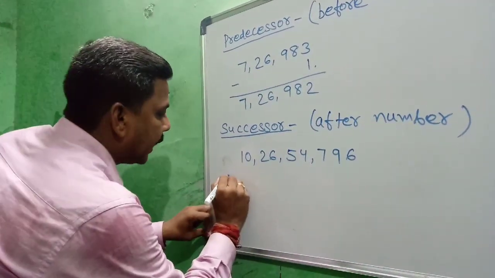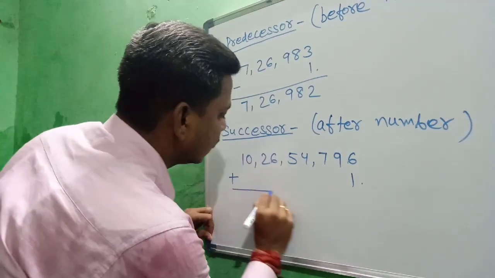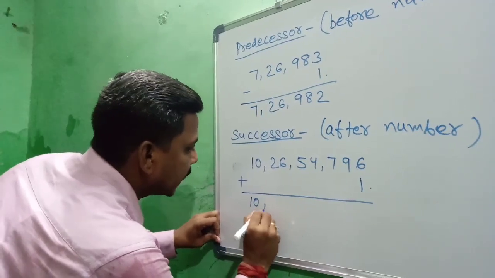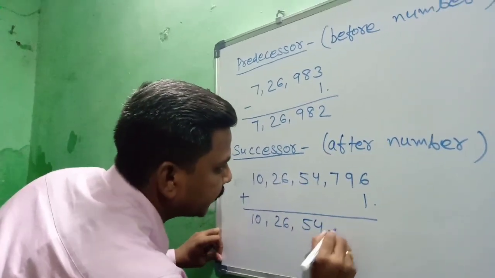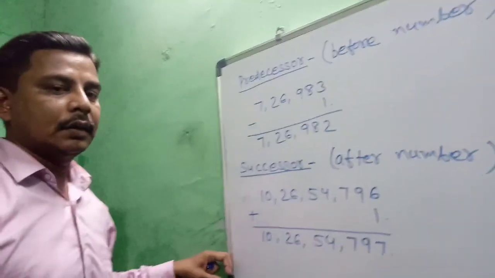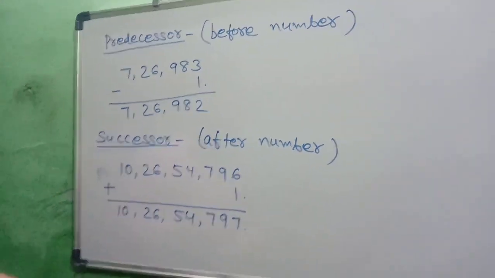Simply we have to add 1 to the number. Then we will get 10 crore 26 lakh 54,797. Okay, this is about predecessor and successor.